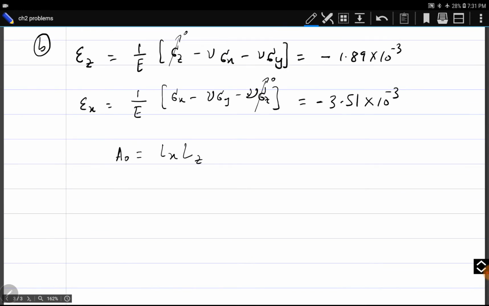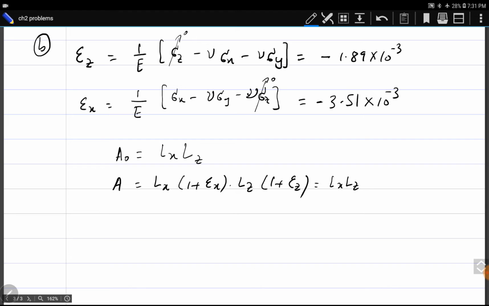Okay, the new area will be Lx into 1 plus epsilon x, this is the new length in x direction. And the new length in z direction is Lz into 1 plus epsilon z, accounting for the change in length in x and z directions.